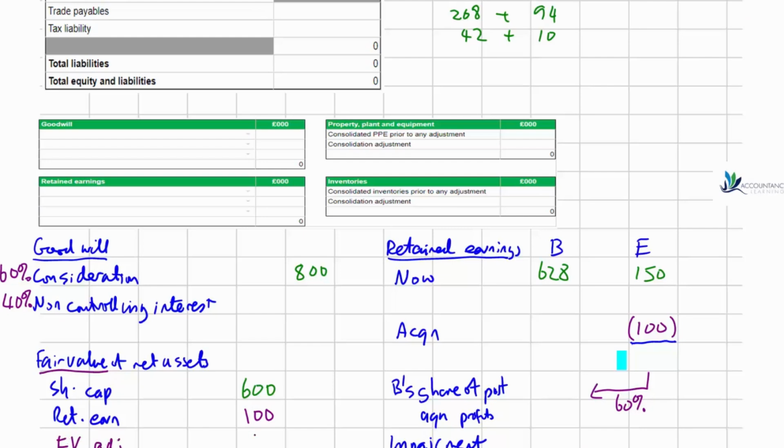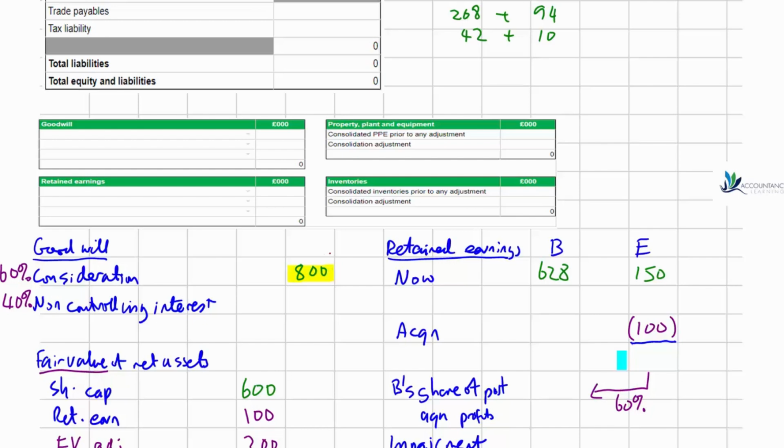What's our fair value adjustment of our net assets? Because remember, we're paying 800,000 to buy Elegant. And when we're paying 800,000, we're going to take into account that the real value of those assets is 200 more than what it says in the balance sheet, which means we're probably going to spend 200,000 more to buy the shares, aren't we?